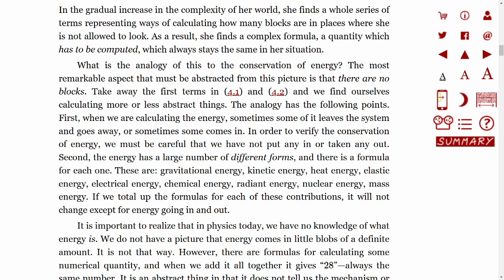These are gravitational energy, kinetic energy, heat energy, elastic energy, electrical energy, chemical energy, radiant energy, nuclear energy, mass energy. If we total up the formulas for each of these contributions, it will not change except for energy going in and out.